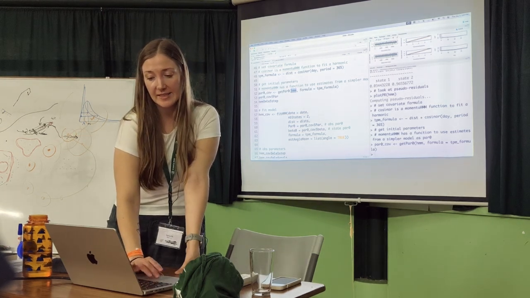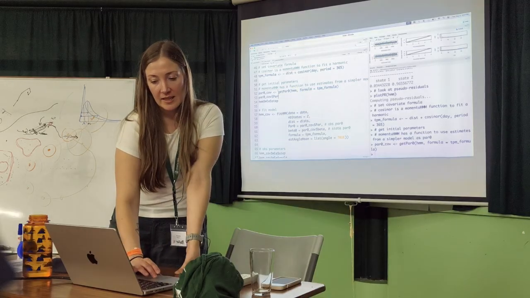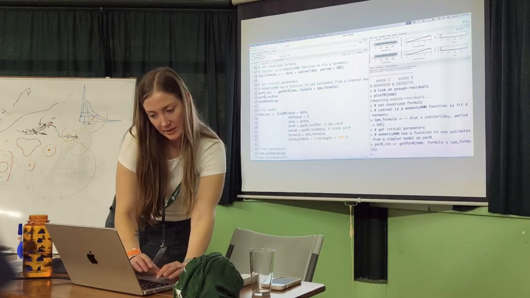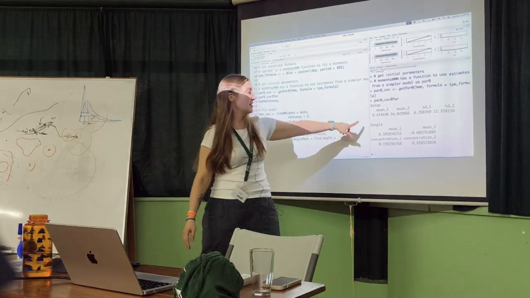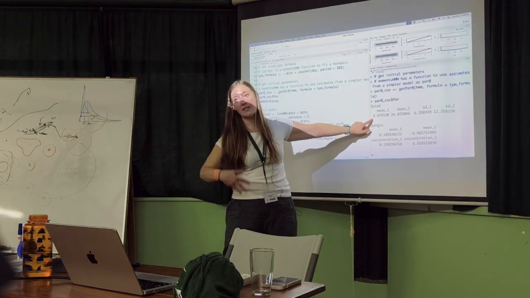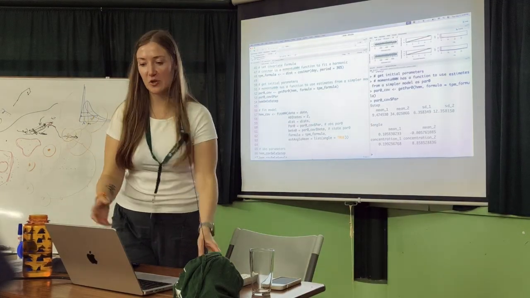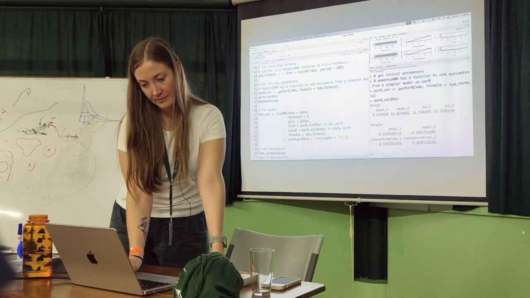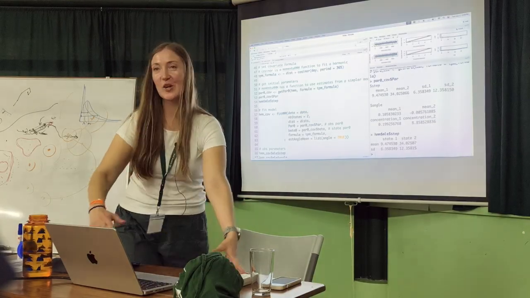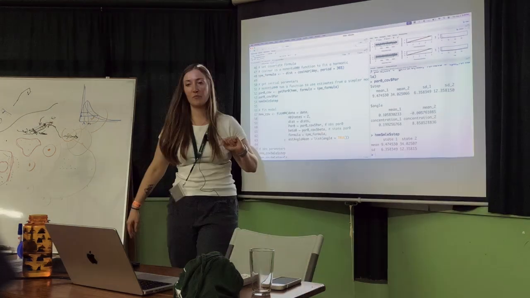And so you give it that as an input, and then you specify what your new formula is. And so it's going to use the previously estimated coefficients as the initial parameters in your next model. So it's like better initial parameters potentially. And I just wanted to show that these are identical. So it's using these parameter estimates.